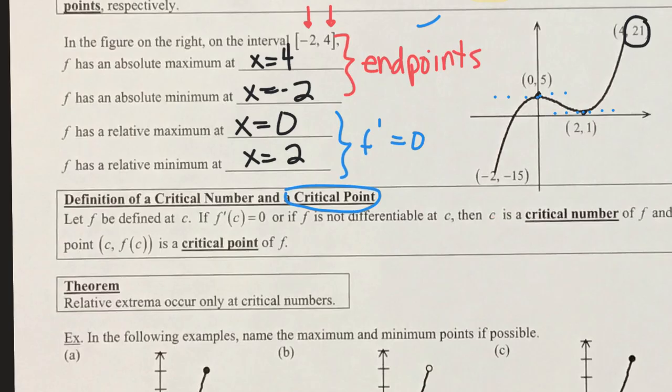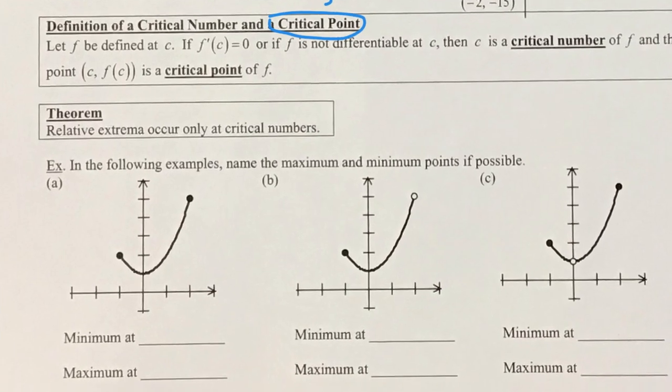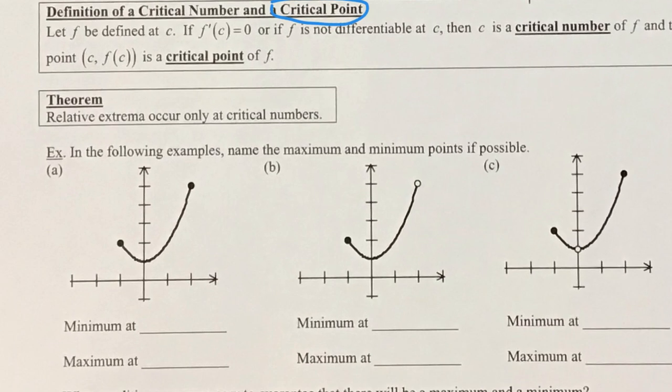Okay, so let's look at these 3 examples, and can we name the maximum and minimum points on each of these intervals? So our first example, A, where do we find a minimum? At x equals 0, right? x equals 0 is where our y value is the smallest.